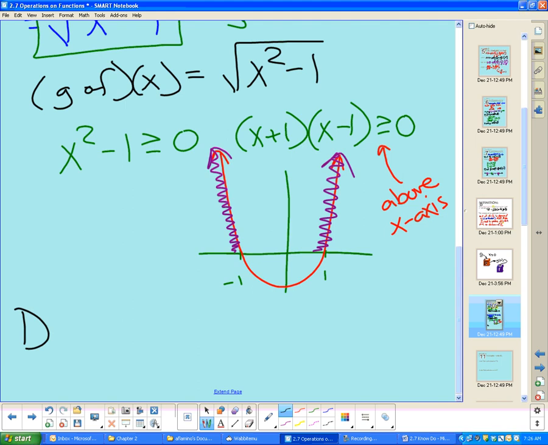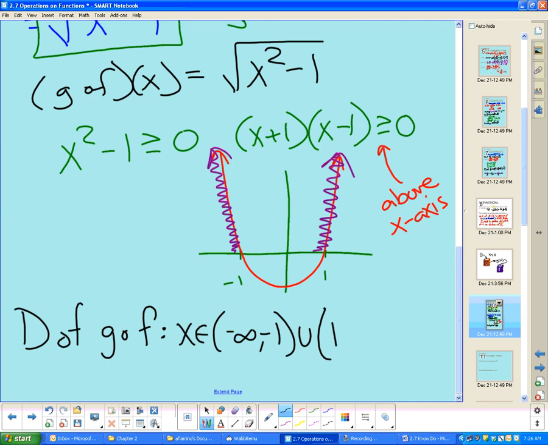The domain of g open circle f is going to be x's on the open interval from -infinity to -1, union with the open interval from 1 to infinity. So I don't really need to do a sign analysis now that I knew something about the graph.